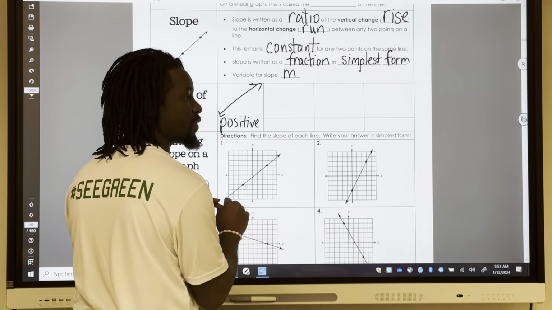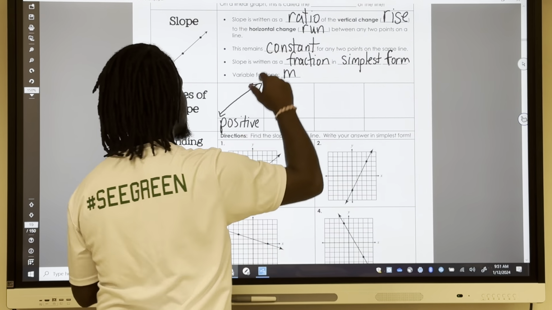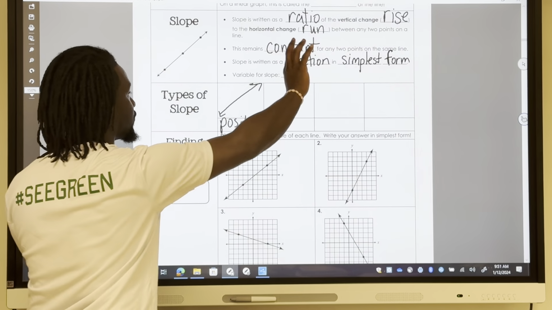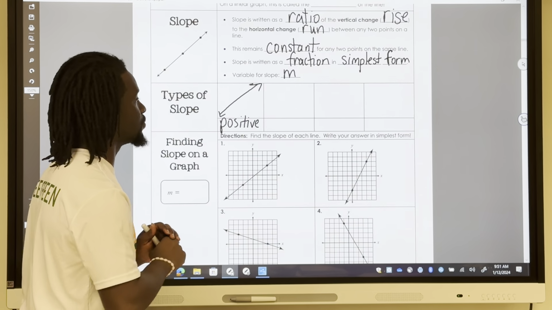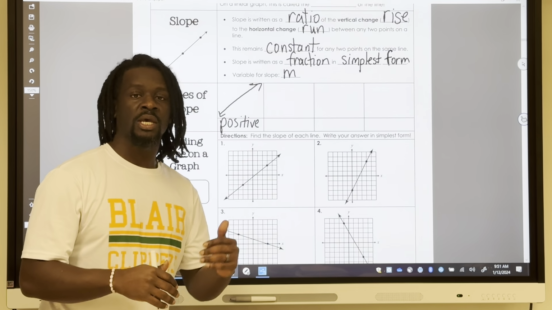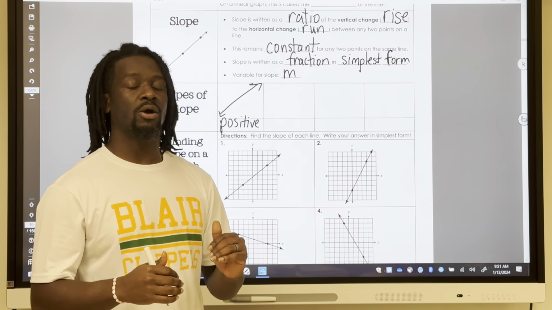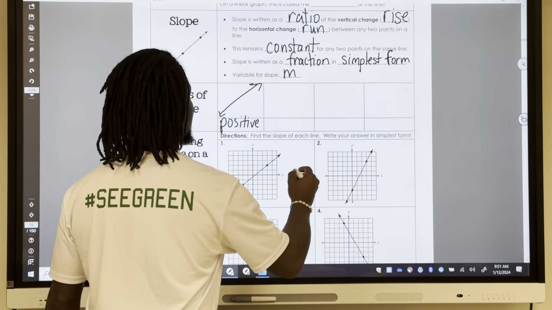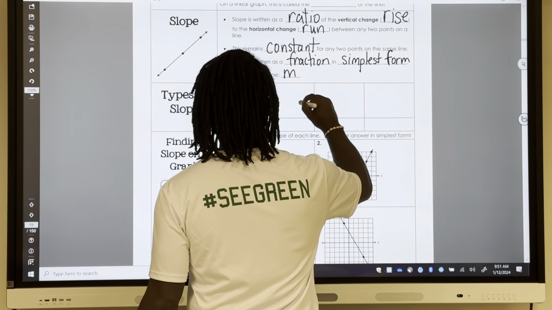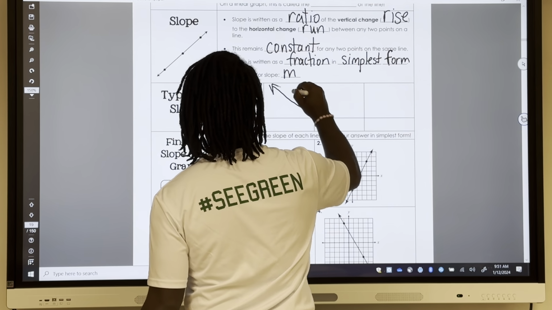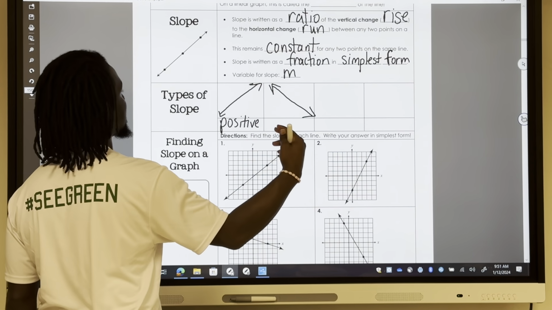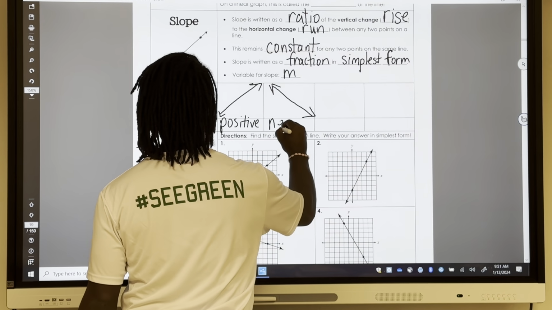A slope that moves in that direction is a positive slope. Negative numbers are down and to the left. So a slope that is moving down and to the left is a negative slope.